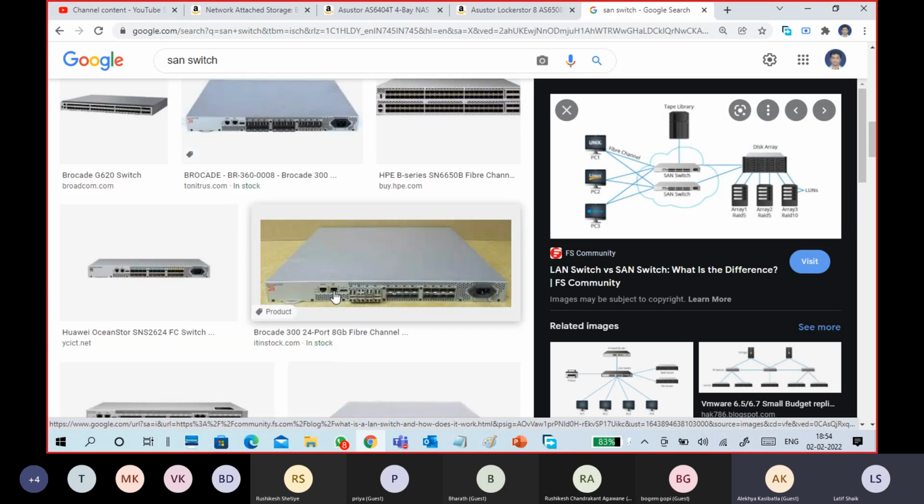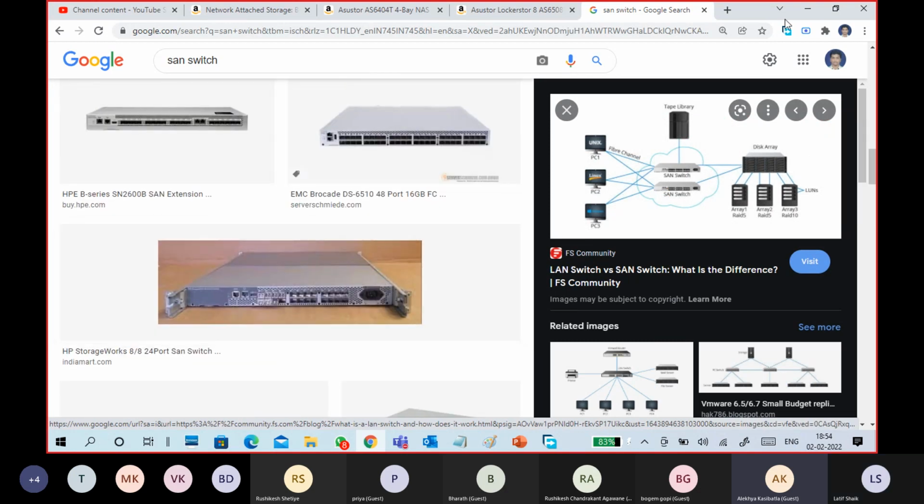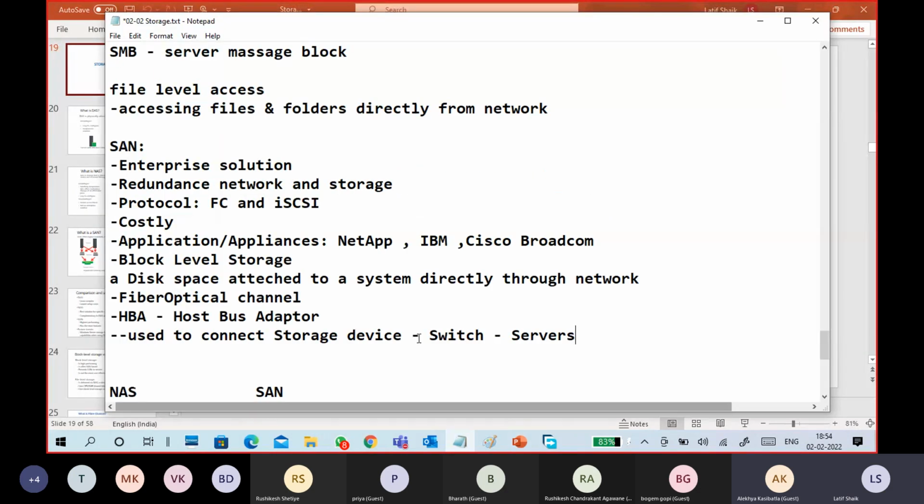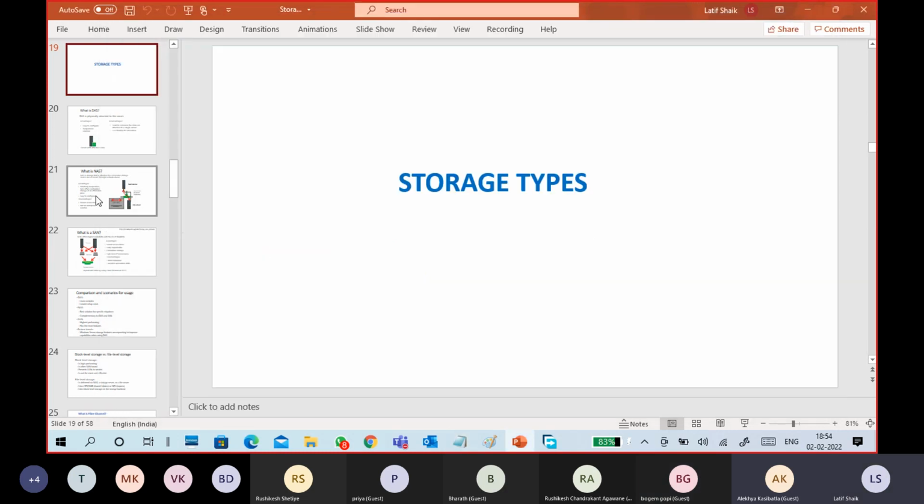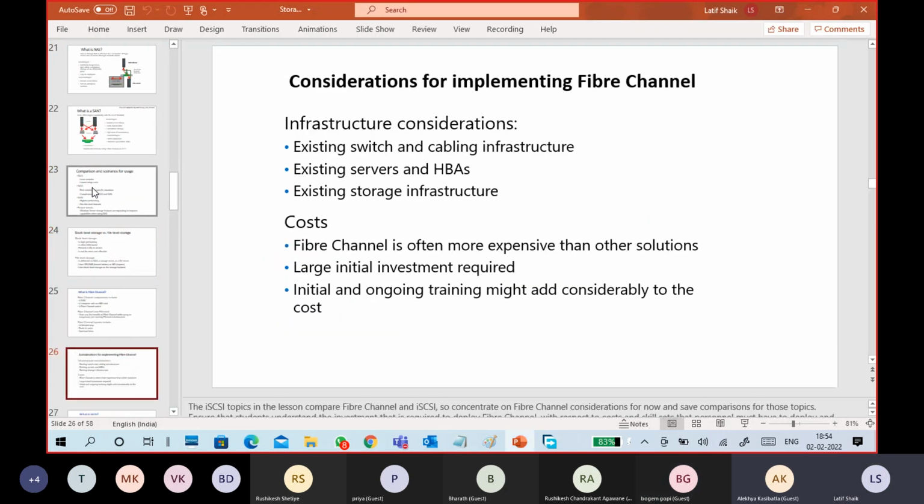But when you are connecting servers to SAN switches, you need a host bus controller on the servers. That is important.